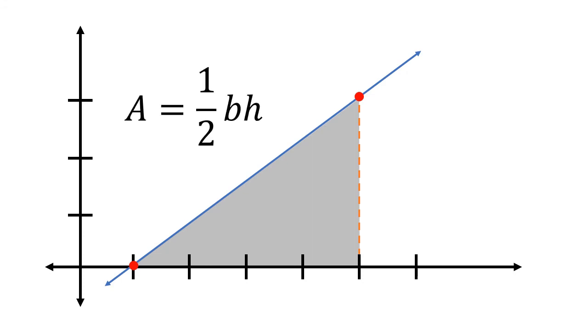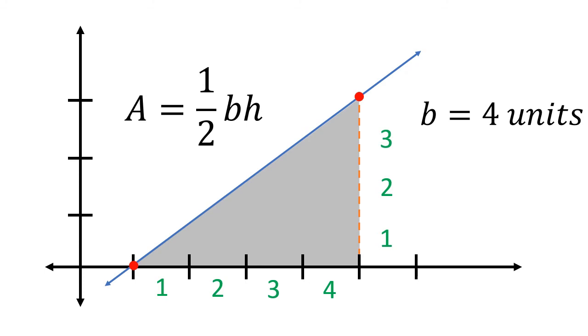So remember that the formula for the area of a triangle is 1/2 bh. In this case, let us count to determine the length of the base. 1, 2, 3, 4. So the base is 4 units. How about the height? 1, 2, 3.